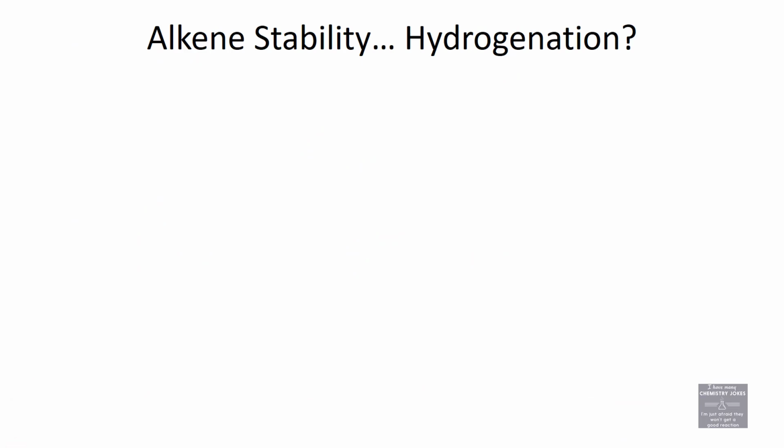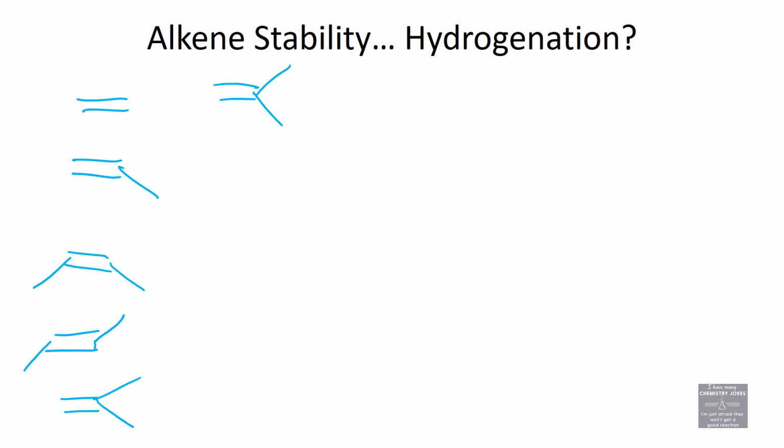There are lots of different varieties of alkenes, as in lots of different substitution patterns of alkenes. I'm drawing a few of them for you over here. All of these alkenes have different substitution patterns.